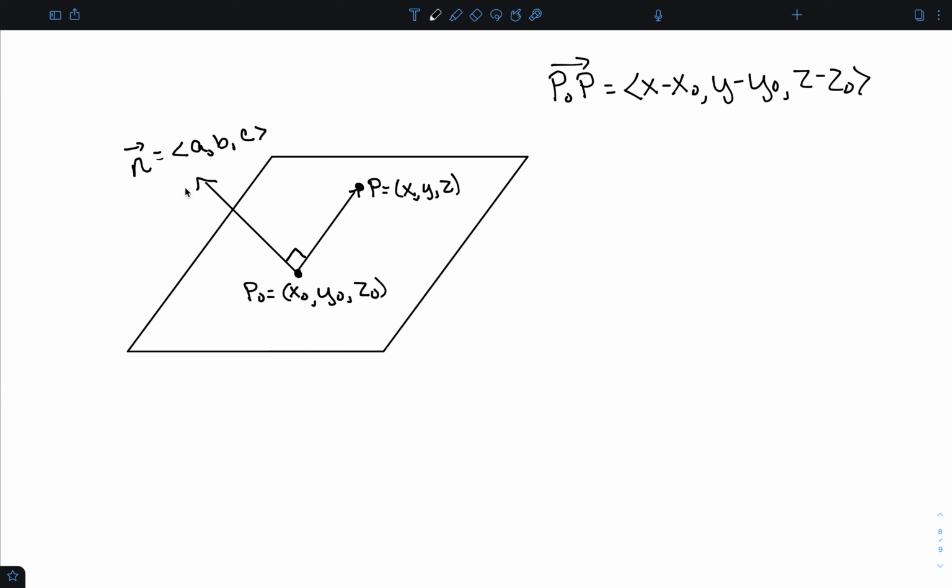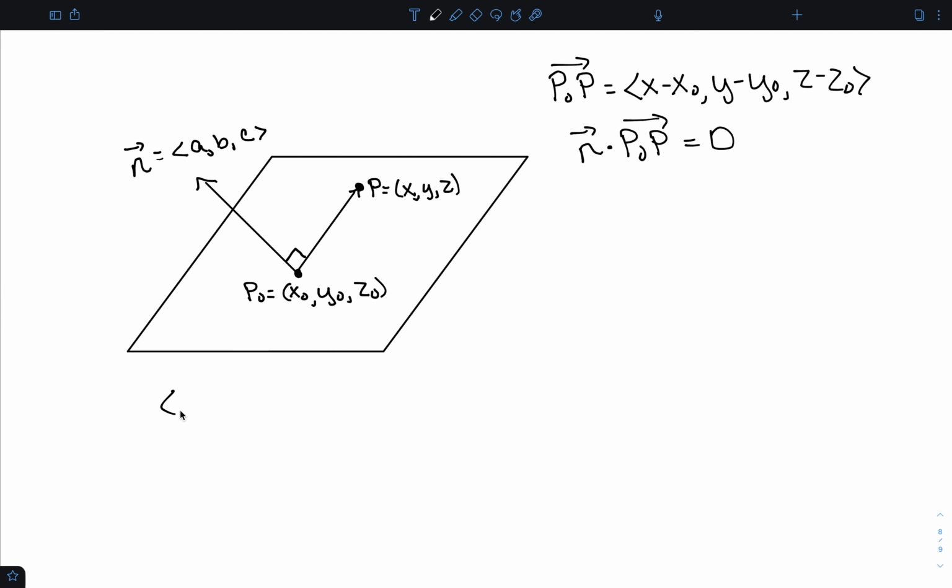Since n, my normal vector, is orthogonal to the plane, by definition, the normal vector dotted with this vector in the plane is going to be 0, since a dot product of 0 means you are orthogonal.